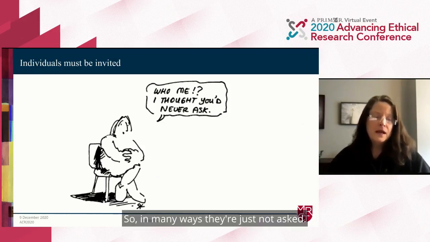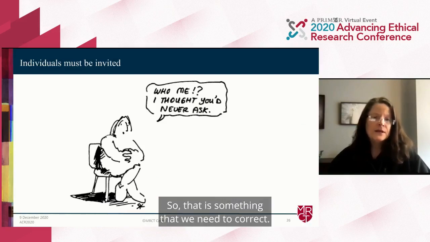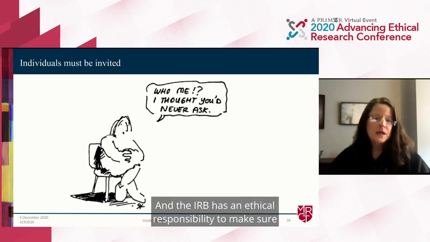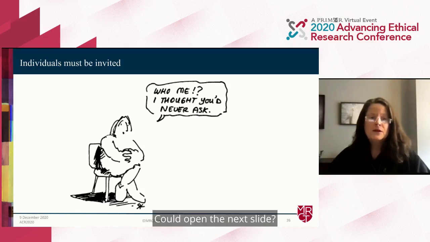So in many ways, they're just not asked. So that is something that we need to correct, and the IRB has an ethical responsibility to make sure that we are adequately thoughtful about that. Could I have the next slide?